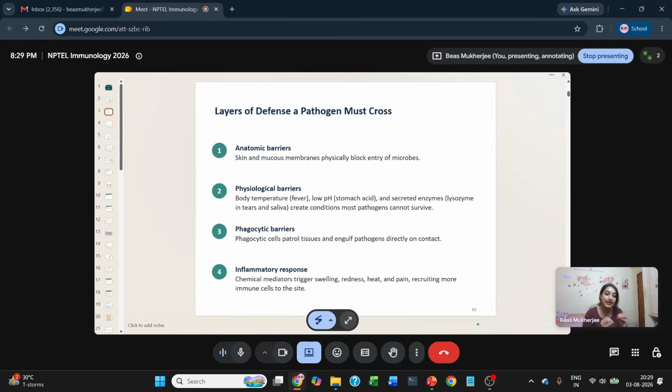And this is a link between the innate immune response and the adaptive immune response, because a lot of different cells are pulled into that place. A lot of cytokines are released, and then maturation of B and T lymphocytes, activation and maturation is also triggered, and adaptive immune response kicks in.